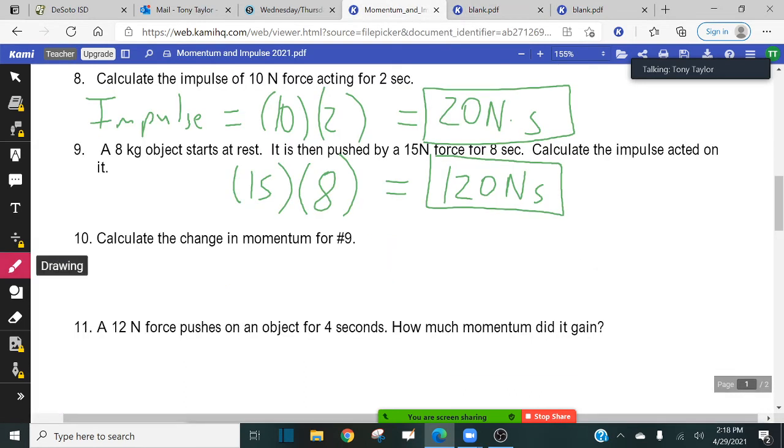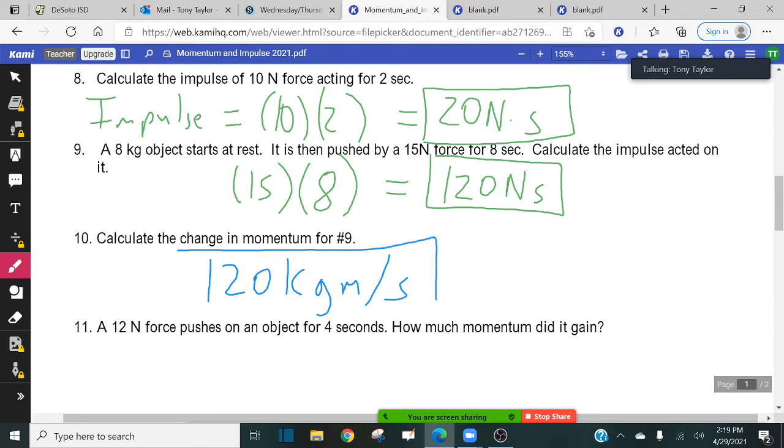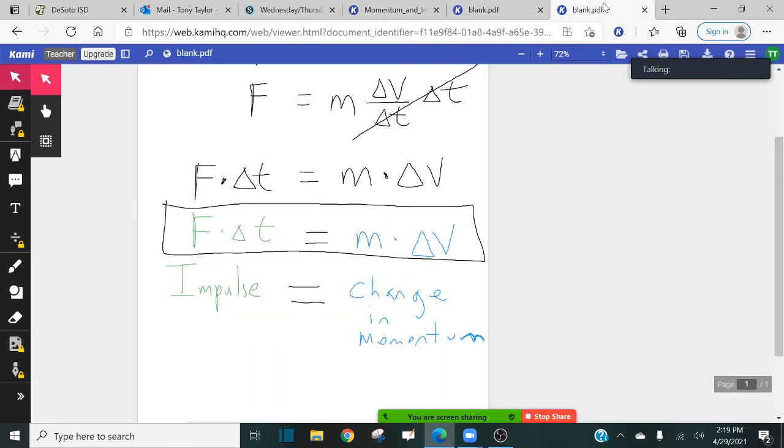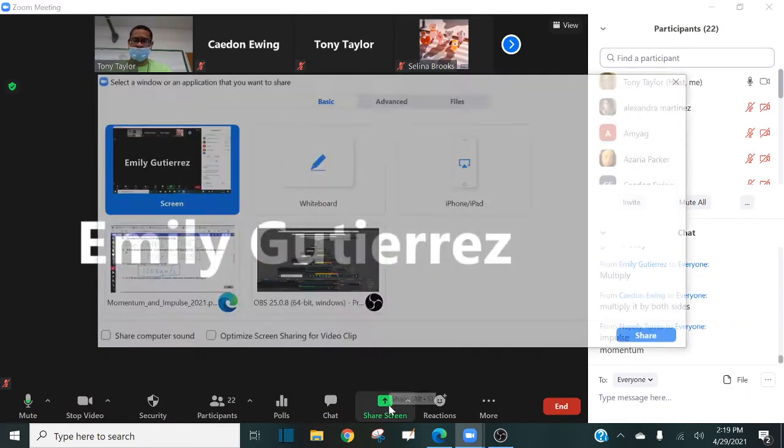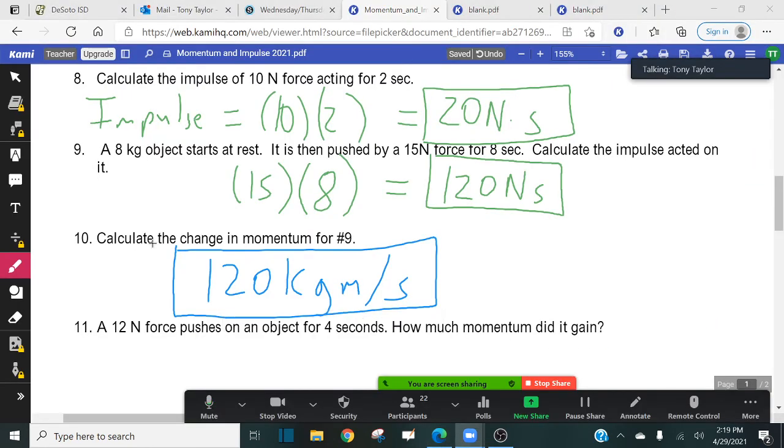The change in momentum will be 120 kilograms meters per second. Okay? Because the two are numerically equal to each other. If you know one, you know the other. Make sense? So when it says calculate the change of momentum in number 9, since we calculated the impulse in number 9, we were easily able to calculate the change in momentum. Okay, super easy.